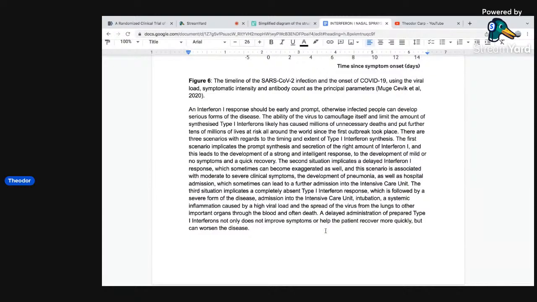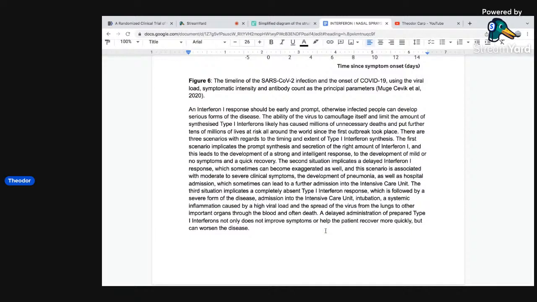The first scenario involves a completely absent response of type 1 interferons. And as a result, there's a lot of cases of severe illness. I would say most of them are severe in multiple aspects, not just in a respiratory manner, but it's beyond that.